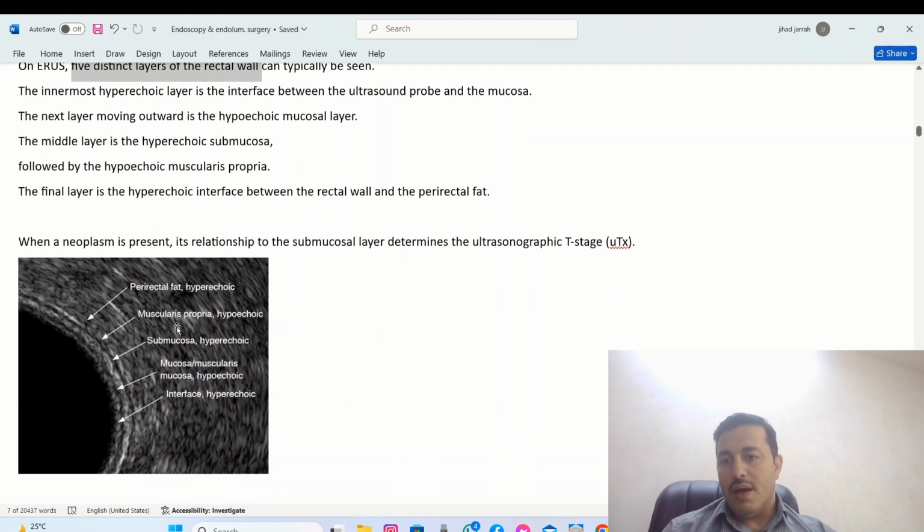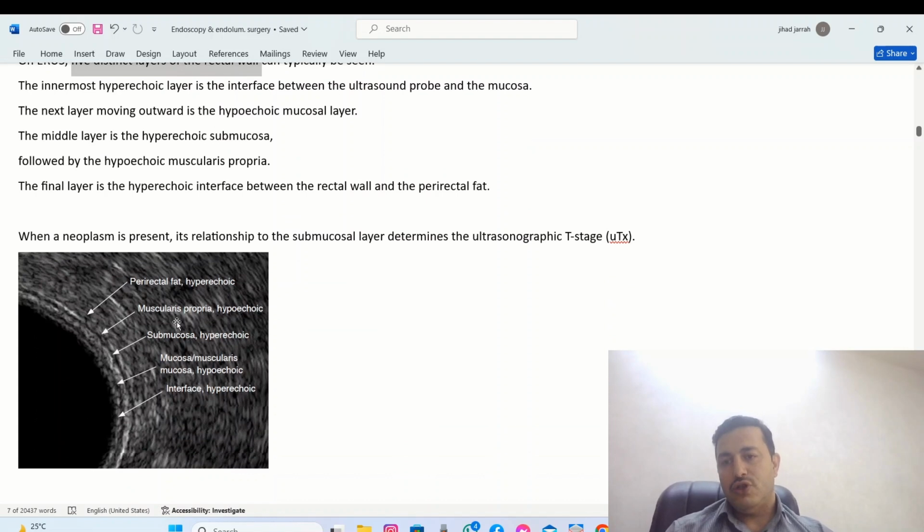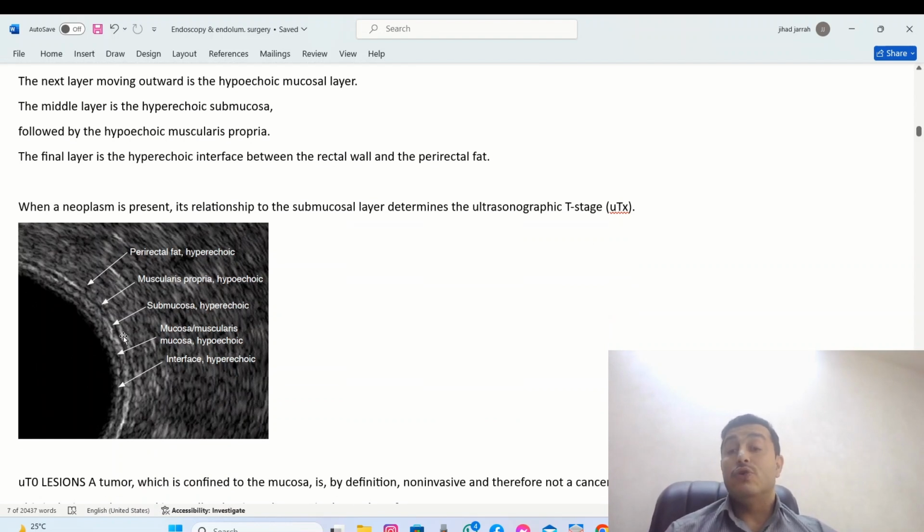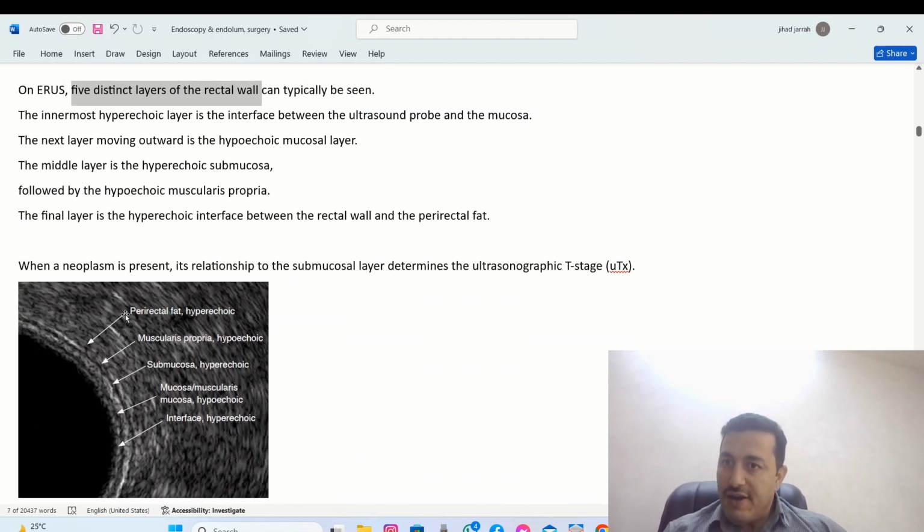The white tissue is the tissue that is hyperechoic with high water content. This is the endorectal ultrasound, and we have 5 layers.